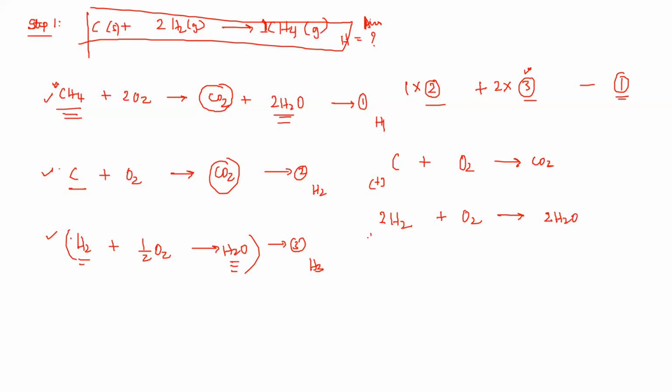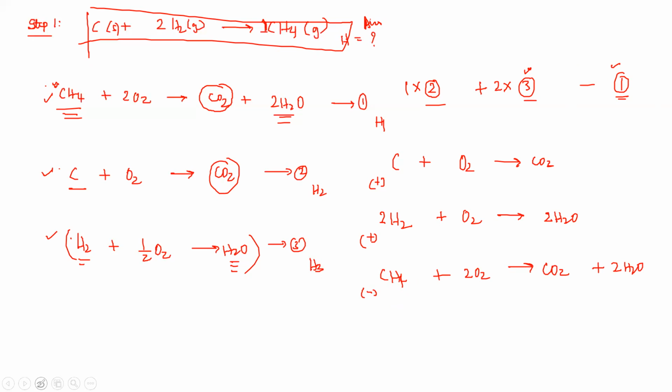And this is also being added. And finally, we have the first equation, which is being subtracted. So we'll have CH4 plus 2O2 gives CO2 plus 2H2. And this is being subtracted.